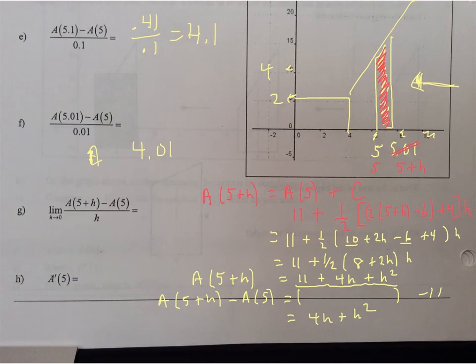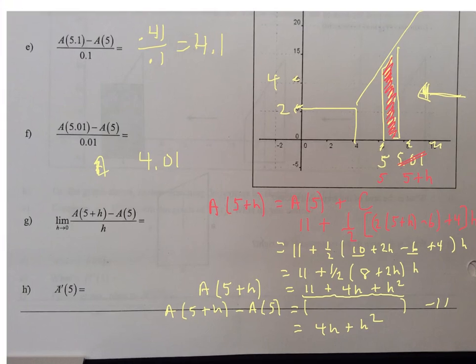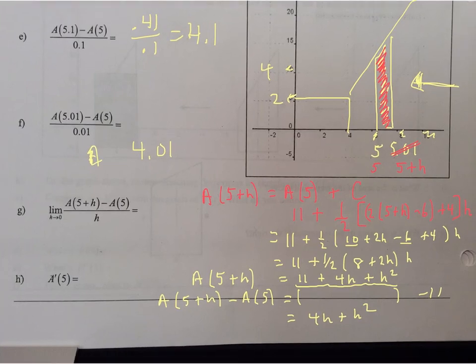So ultimately, this is still G. It's asking us to take the limit as h goes to 0 of what we have in the numerator, the 4h plus h squared, all divided by h.